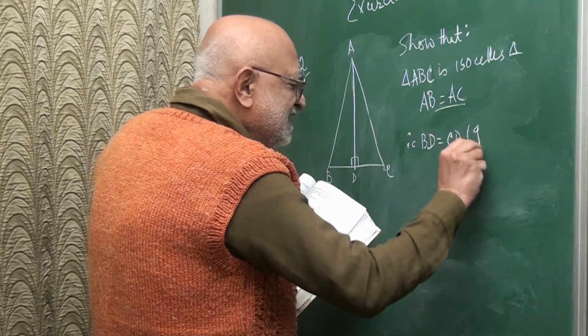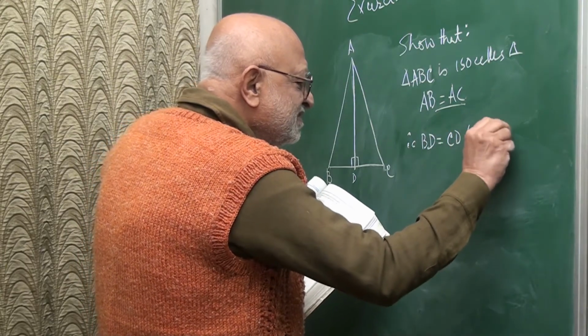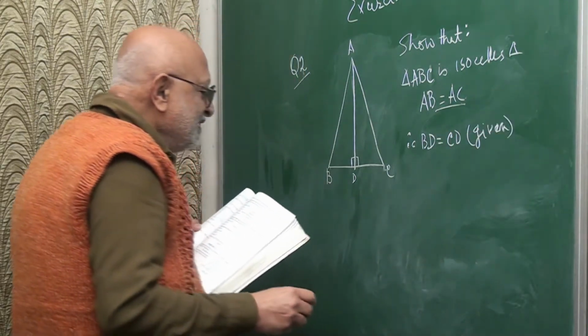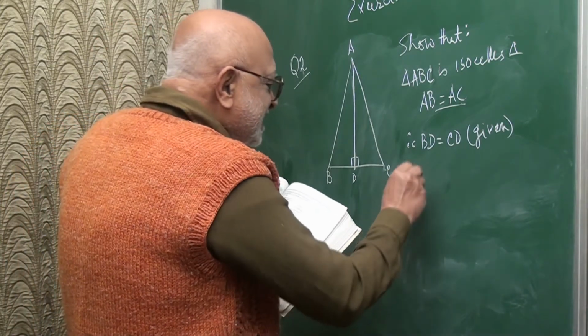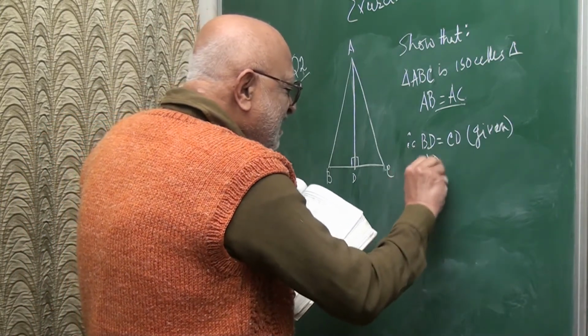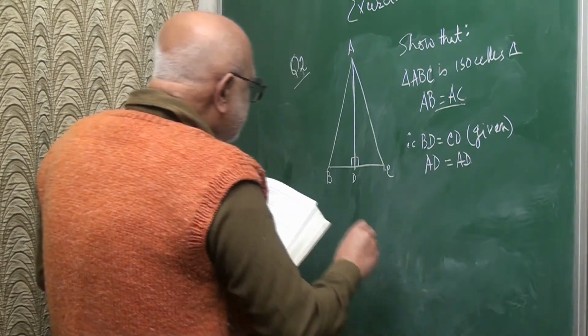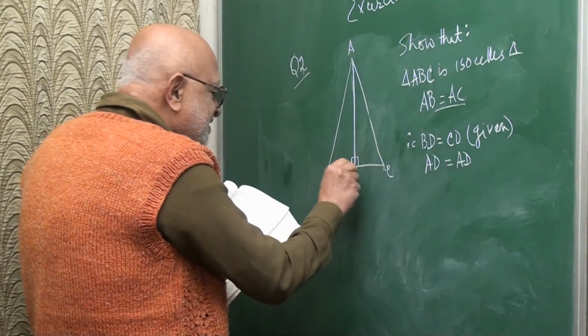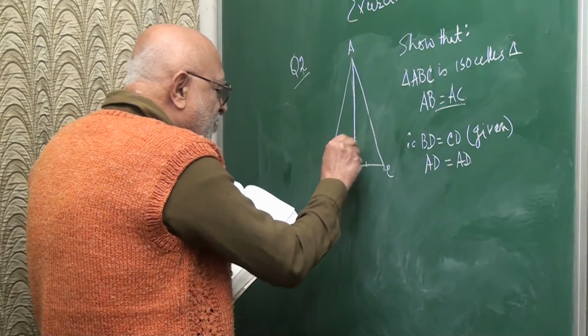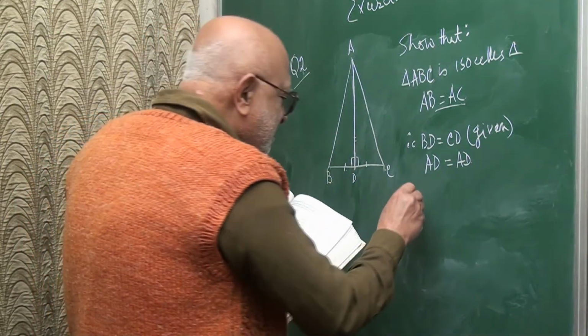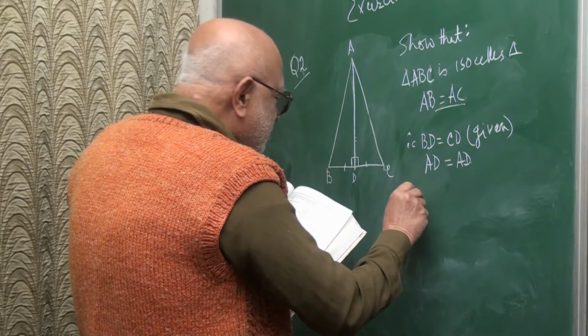This I can say is given. Now AD is common, AD is equal to AD. These two sides are equal, this is common, and the included angle is that 90 degrees, so that is also common.